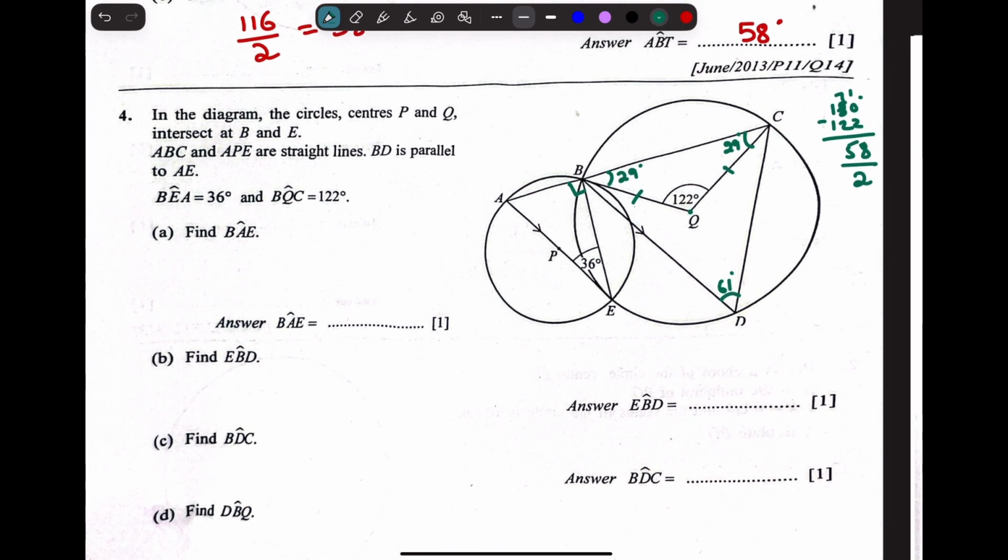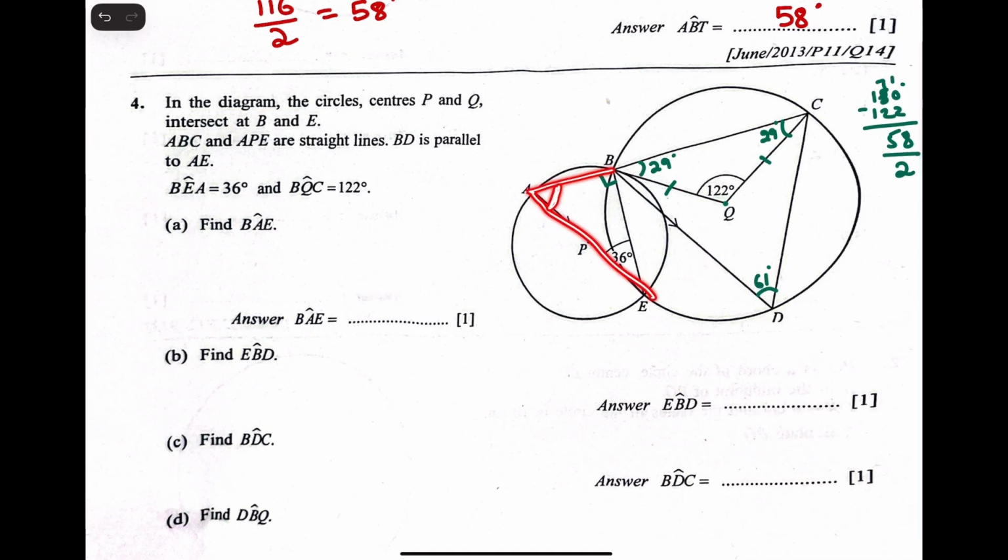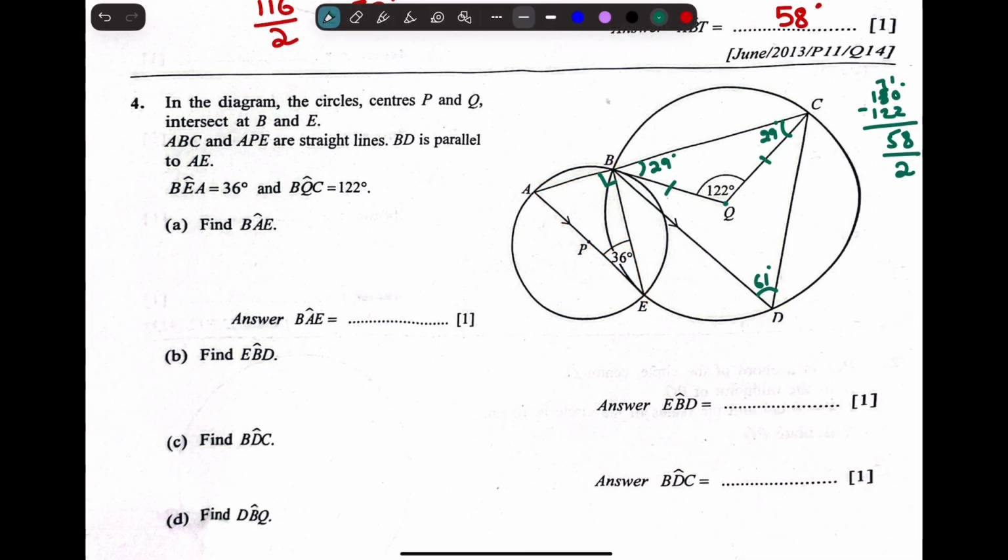Okay, now let's read the question. Let's see what they want us to find. So find angle BAE. They want us to find this angle. I think this is very easy. Please focus on triangle BAE. This is 90, this is 36. So we can very easily find this angle. Let's call this theta for the time being.